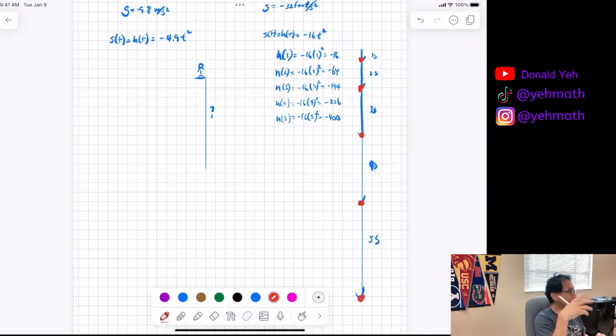Now, ideally, usually when you drop everything, there is a terminal speed, because there is air resistance in the realistic world.